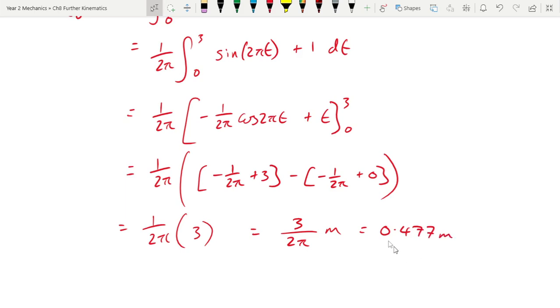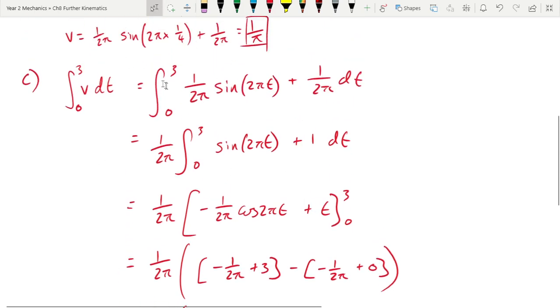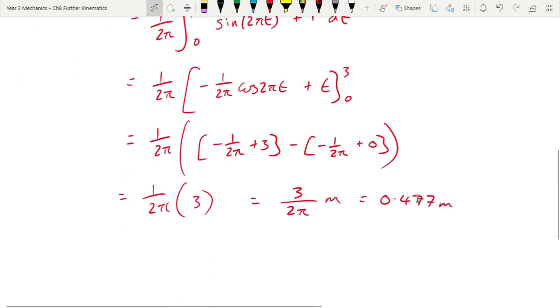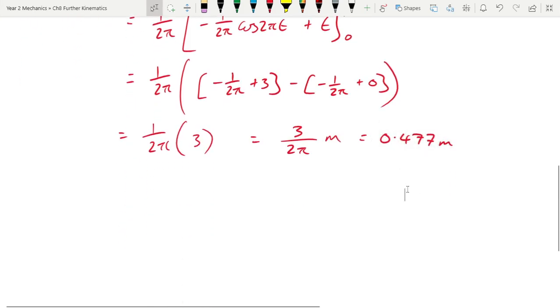Okay, there we are. Now in an exam, depending on how the question is phrased, you may or may not have to do the integration manually. If it just says basically find the answer, then you could actually type in this integral into your calculator and get the decimal answer out. Obviously, if they say show that it's 3 over 2 pi, you're probably going to have to do it manually because your calculator won't give you that, it will give you a decimal.